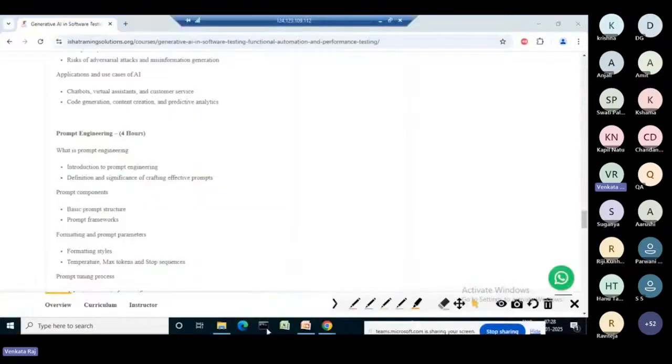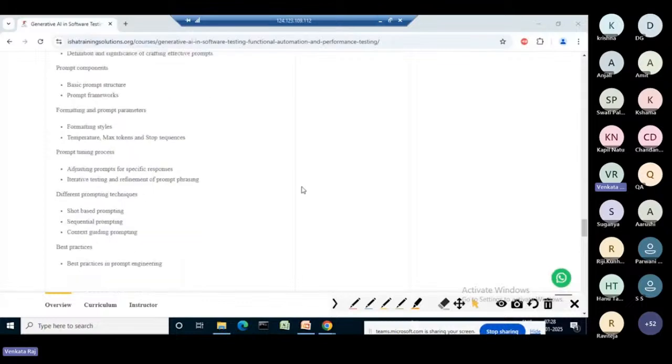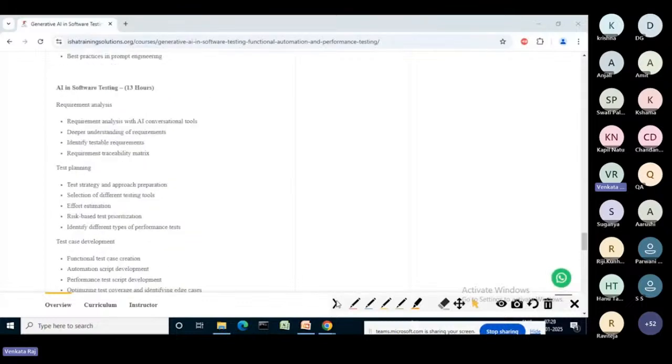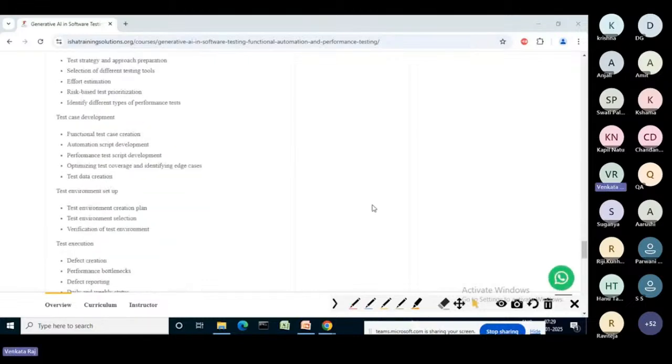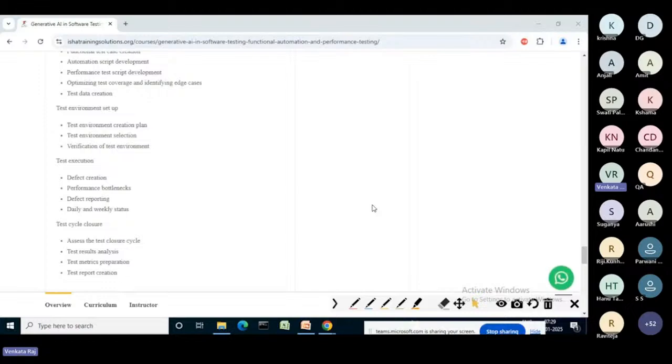So let me go to the next topic we are going to cover: AI in software testing, which is our main objective as well. As we all know, there are different phases in the software testing life cycle: requirement analysis, test planning, test case development or test design, test environment setup, test execution, and test cycle closure.